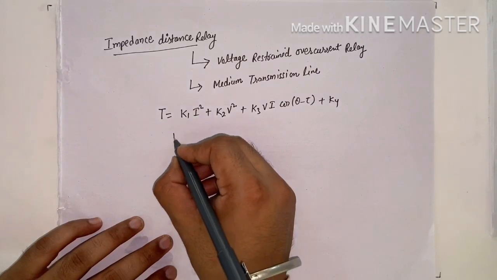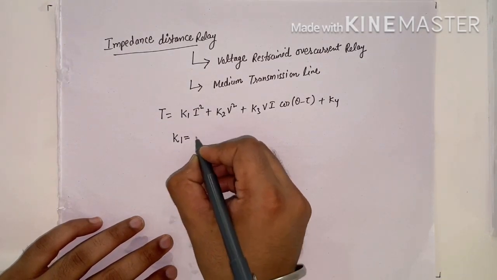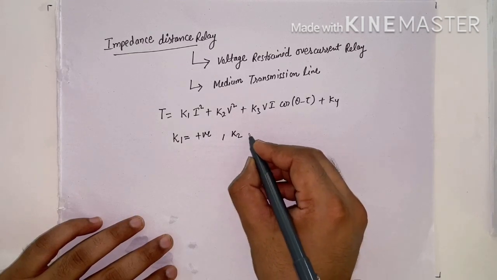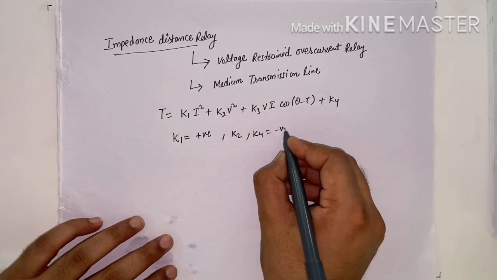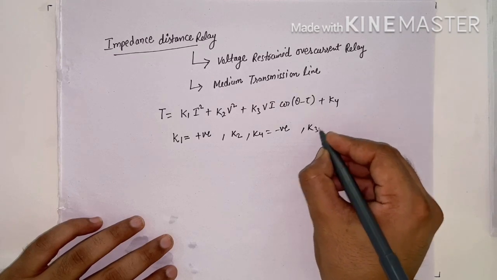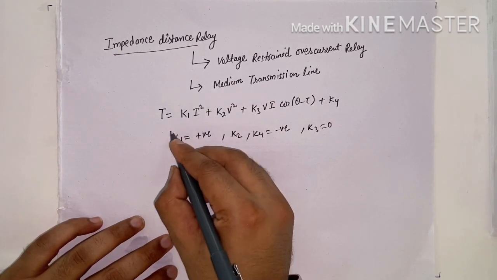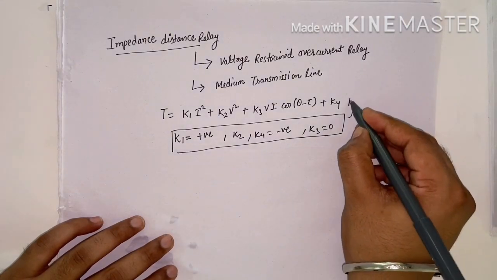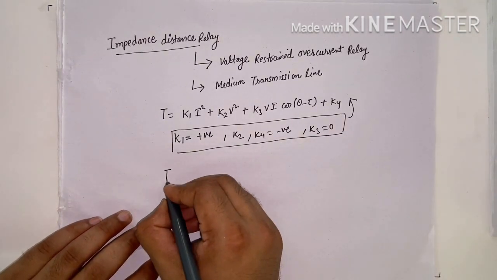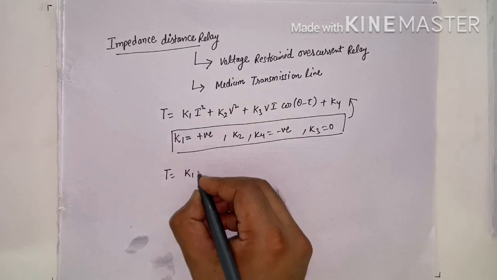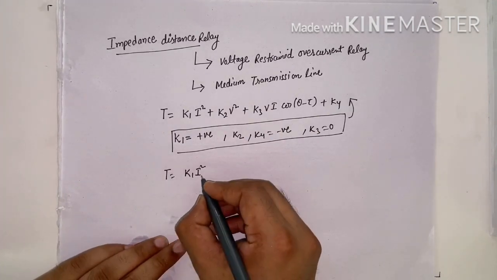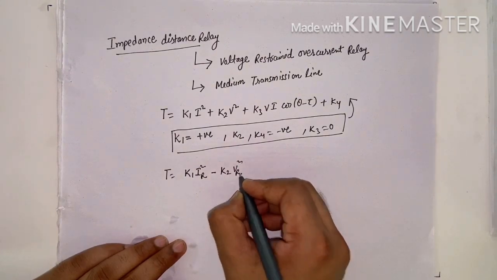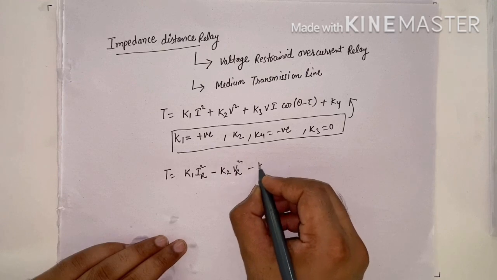Here k1 is positive, k2 and k4 are negative, and the value of k3 is 0. Now we will substitute these values in the universal torque equation. We will get torque equals k1 I_R², with I_R as the relay current, minus k2 V_R², this is the relay voltage, and minus k4.